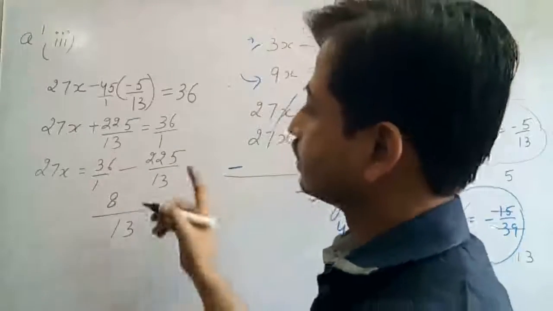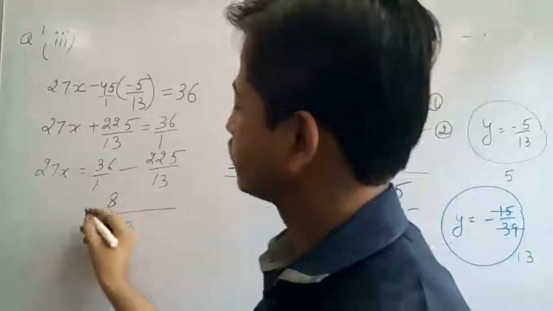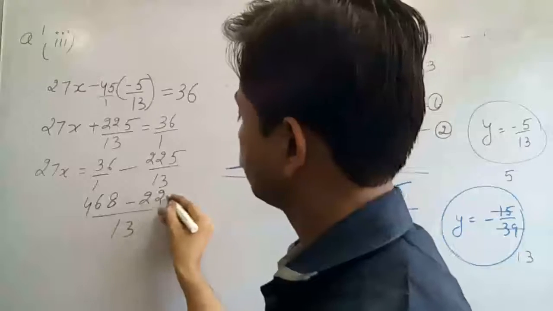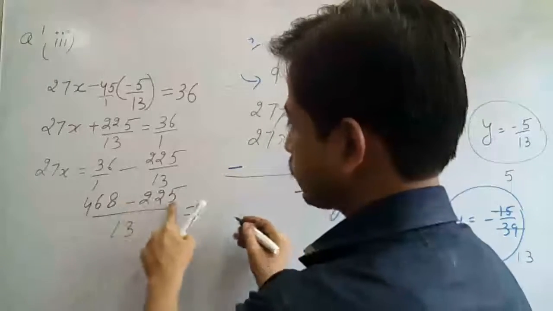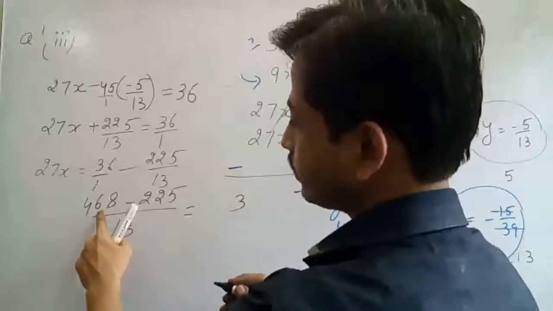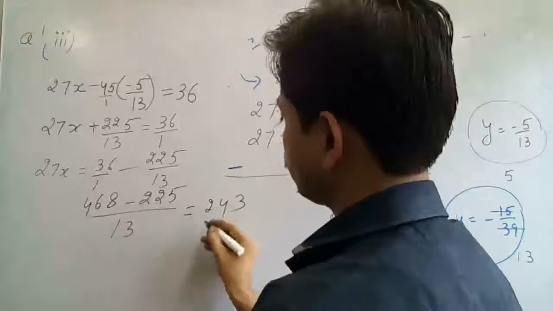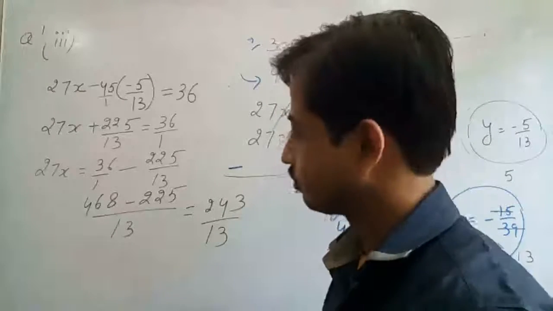Carry 7. 13 into 3, 39. 39 and 7, 46. Minus 225. Now solve this. 8 minus 5, 3, 6 minus 2, 4, 4 minus 2, 2, divided by 13.